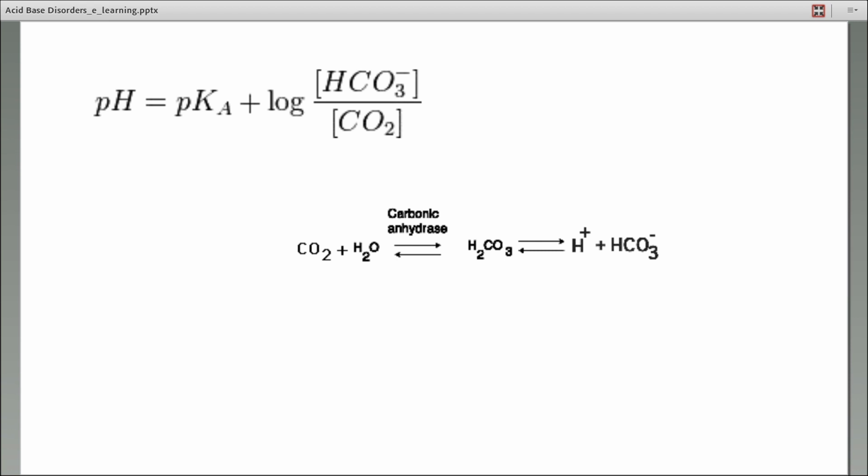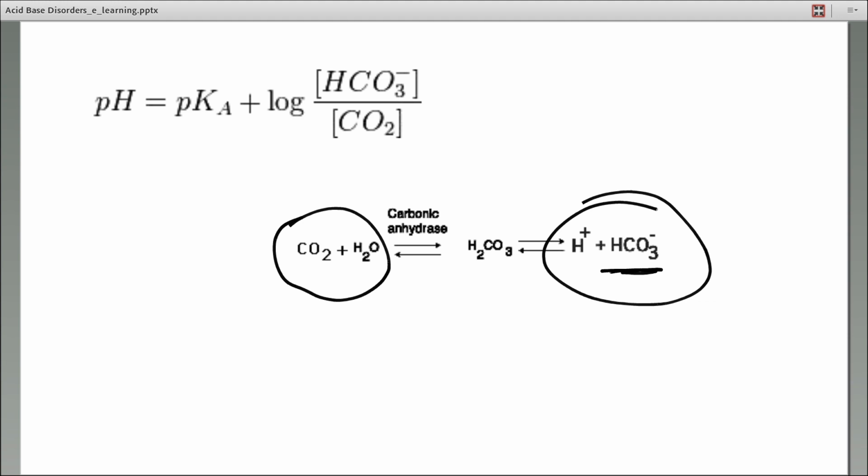If you see here, we have bicarbonate as a conjugated base, and then you have carbonic acid and carbon dioxide as the conjugated acid. You may very well see that on both parts of the equation the organism may adapt these variables.